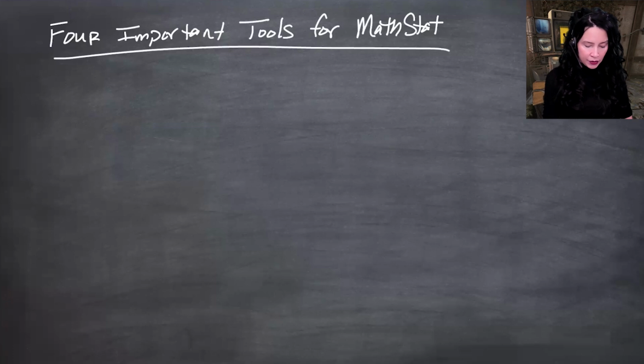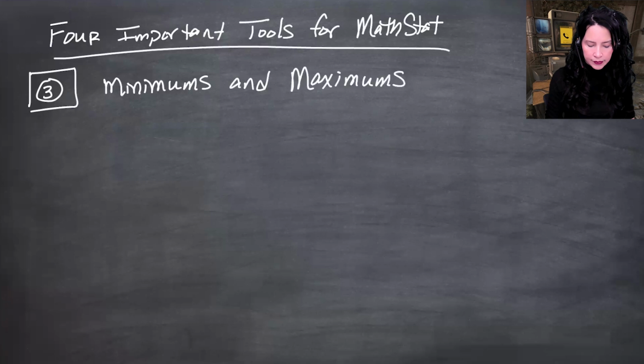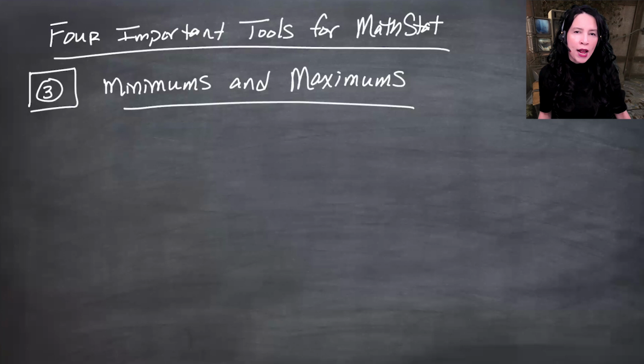So we are at 3 in a circle in a box, and this is about minimums and maximums. So suppose that I am going to take a random sample from a distribution, and that means that I'm going to sample values independently, and that we're talking about one distribution. They are IID, independent and identically distributed.